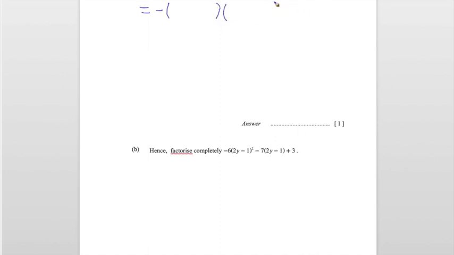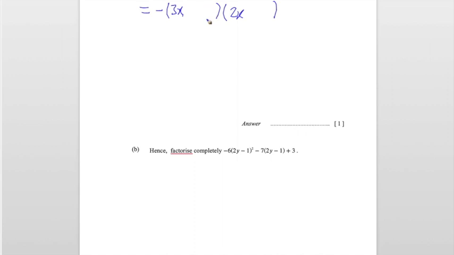Now the factors of 6x squared is 2x times 3x. And the factors of 3 or negative 3 is 1 times negative 3.